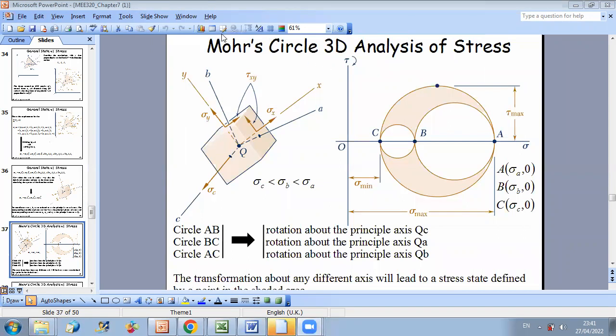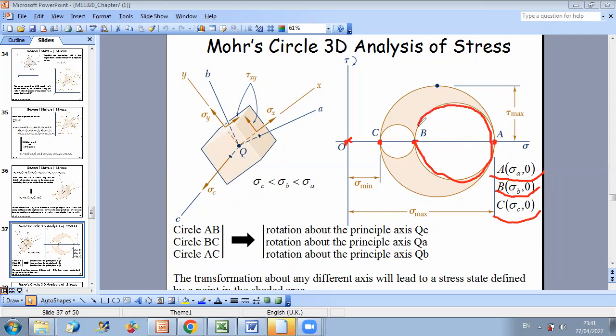So I can represent 3 points, A, B, C. The 3 points will be along the sigma axis because tau is 0. The first point is characterized by sigma A, 0. The second point is characterized by sigma B, 0. And the third one is characterized by sigma C, 0. This will give us 3 circles, because if you take the circle limited by A and B, you get the first Mohr circle.